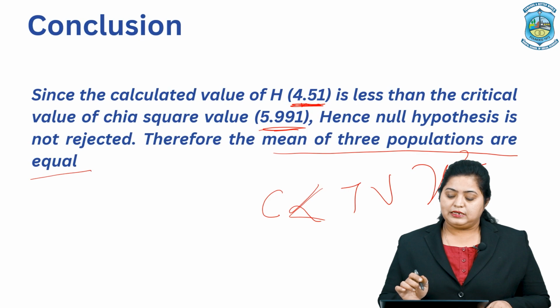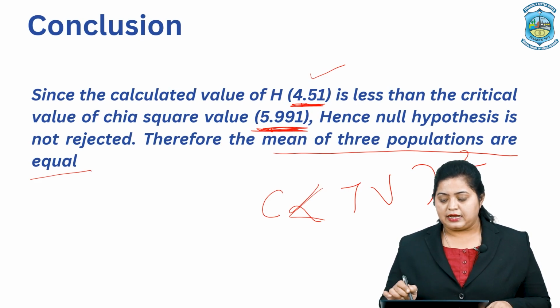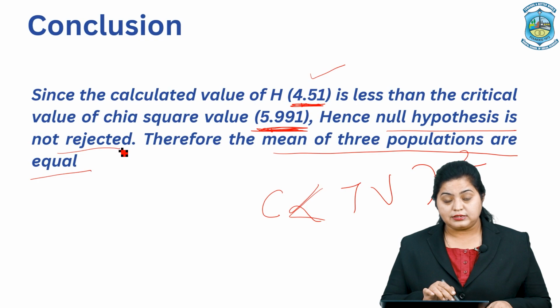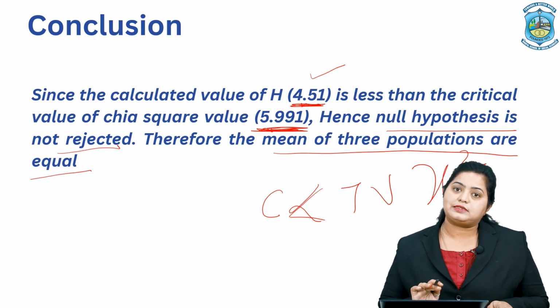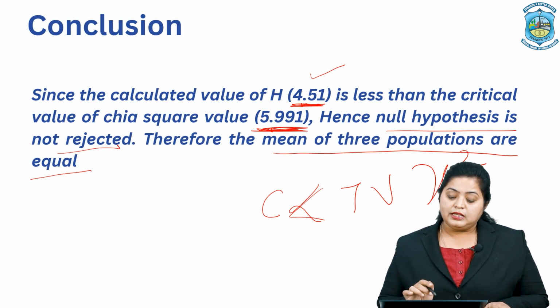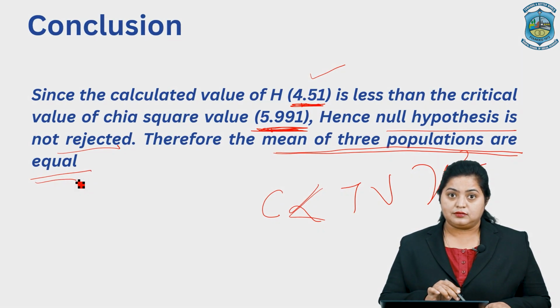So let's see. Our calculated value is 4.51, which is less than the critical value, that is 5.991. So in this case our null hypothesis is not rejected, because it's a thumb rule that if your calculated value is less than the table value, your null hypothesis is not rejected. Therefore, the means of the three populations are equal. Thank you.